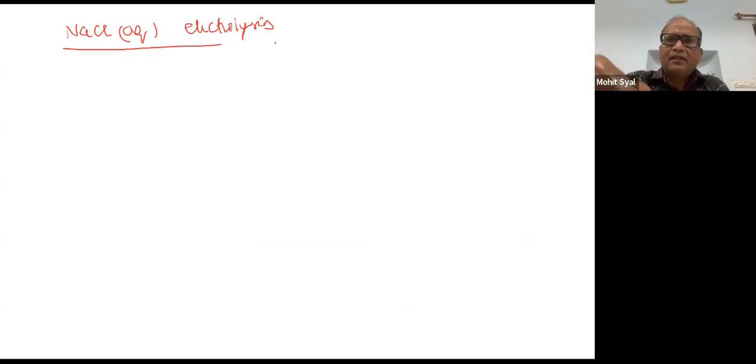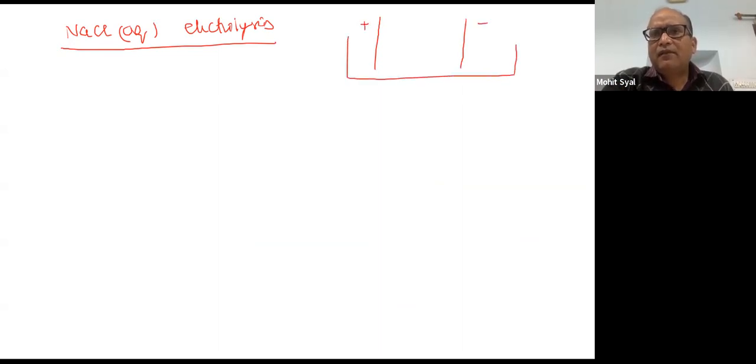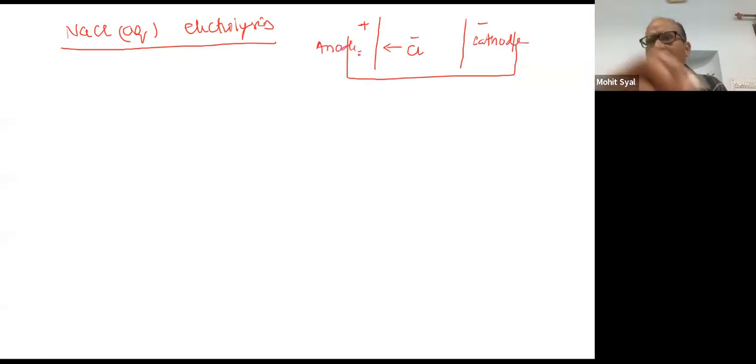In electrolysis, you put an anode and a cathode. Whatever anions are there will be attracted toward the anode, and whatever cations are there will be attracted toward the cathode. The cation is Na+, because we have put NaCl into water.